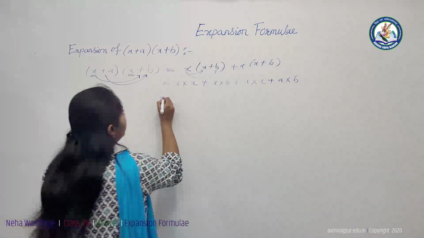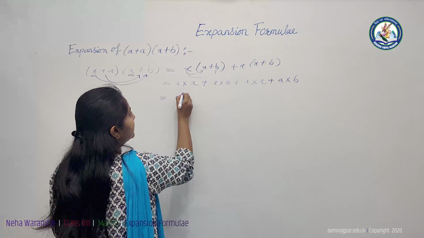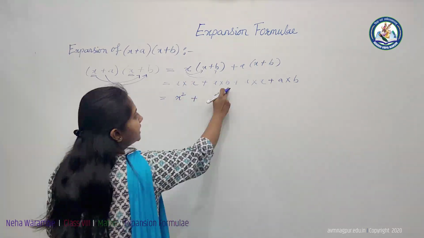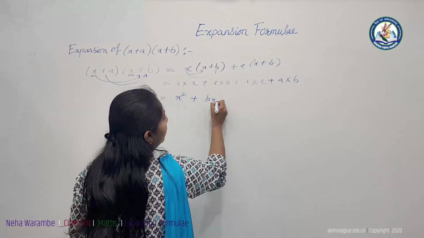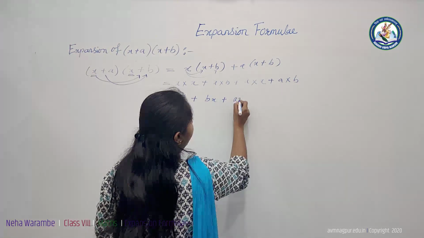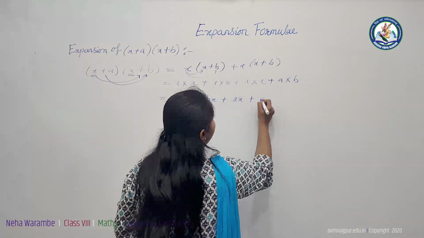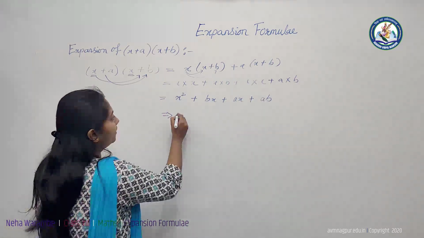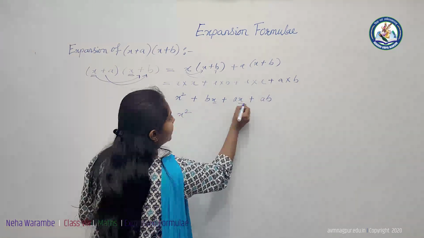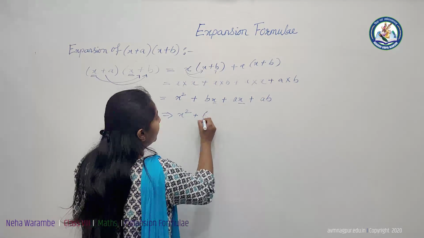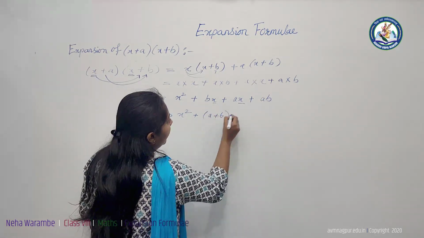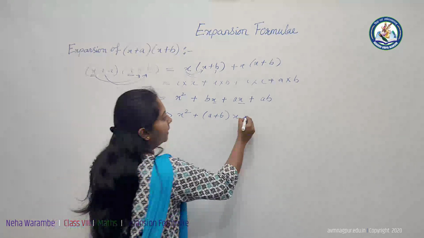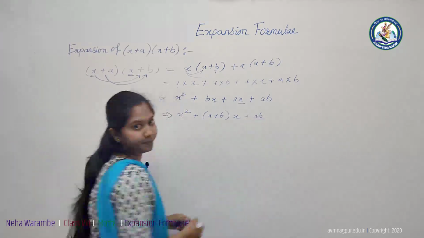Now this x into x is x², plus x into b, that is bx, plus a into x, ax, plus a into b, ab. Now x², see this x is common, so taking out (a + b) with x as common, plus a into b.